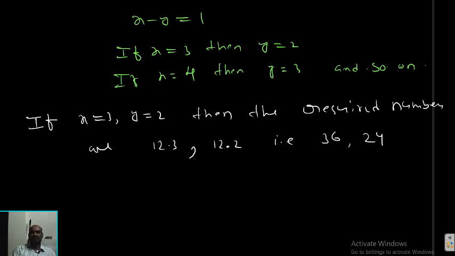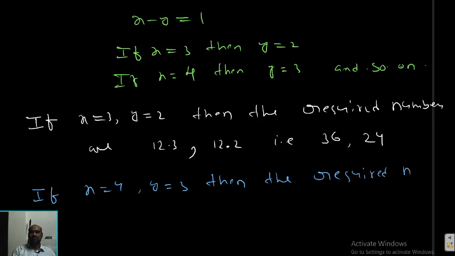Next, if x equal 4 and y equal 3, then the required numbers are 12 into 4, 12 into 3, that is 48, 36.